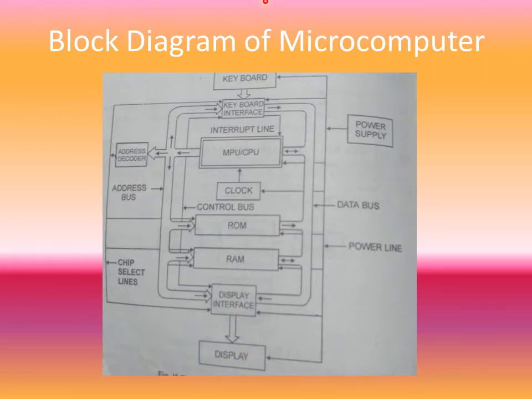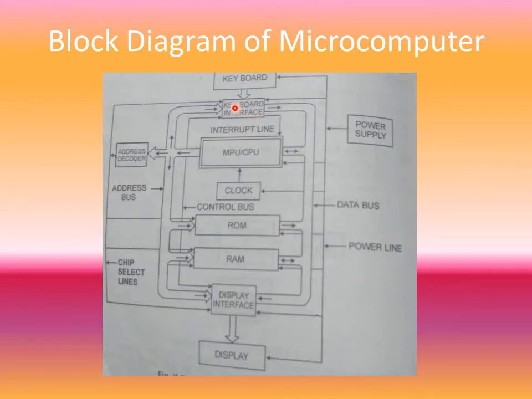Now, here, this keyboard is not directly connected to the MPU, or you can call it as a CPU. MPU stands for microprocessor unit and CPU stands for central processing unit. Now here, this keyboard sends data first to the keyboard interface.